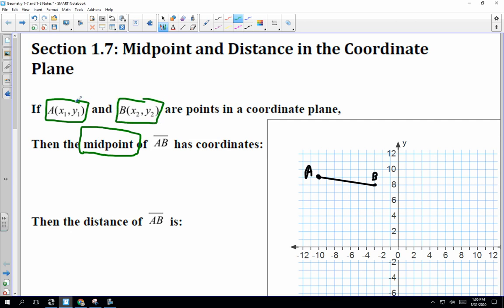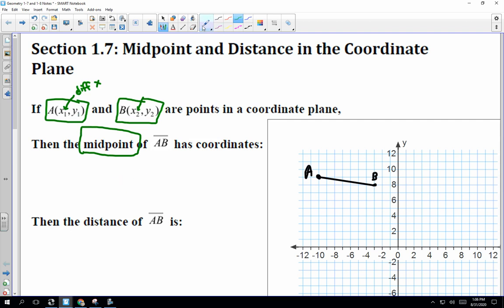Please note that these little numbers are called subscripts, and they just mean a different x than this one. So the ones and twos aren't mathematical at all. They're just a different way to describe point A and point B.